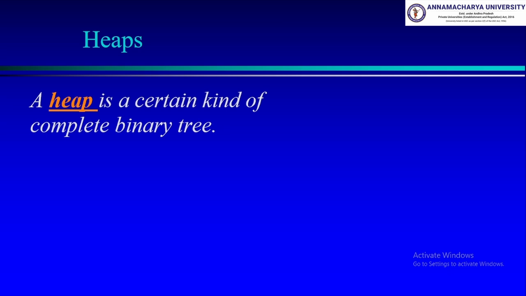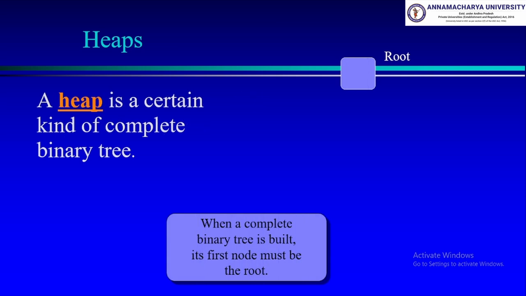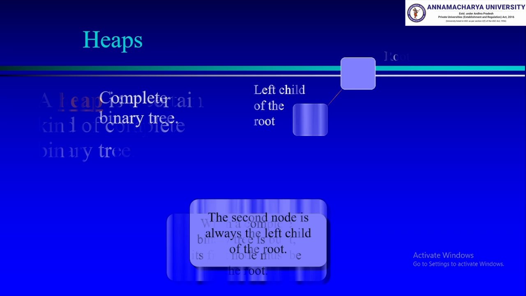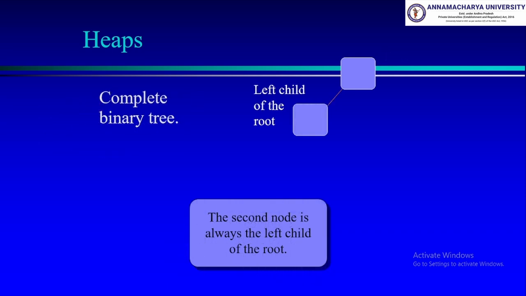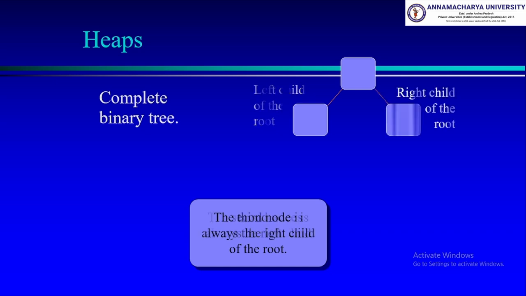A heap is a certain kind of complete binary tree. So this tree appears like this. The tree consists of a root. When a complete binary tree is built, its first node must be the root. Then the second node is always the left child of the root.